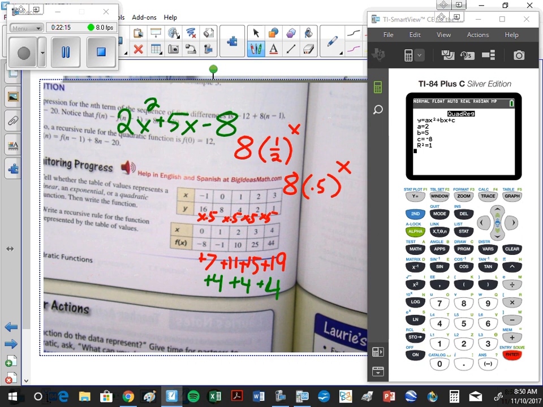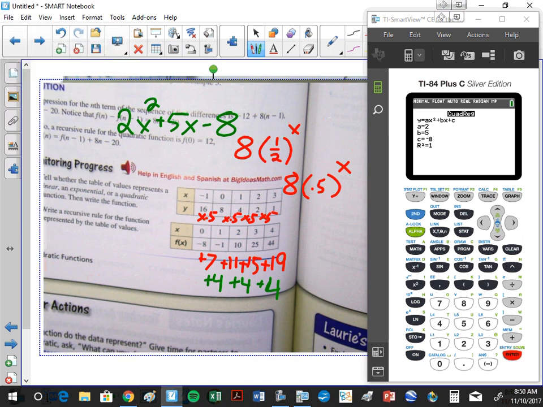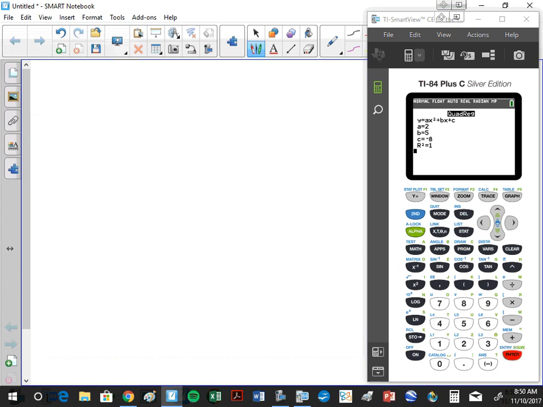So in 3.7, we're going to finish the set. And we are going to do 15 through... look at number 25.